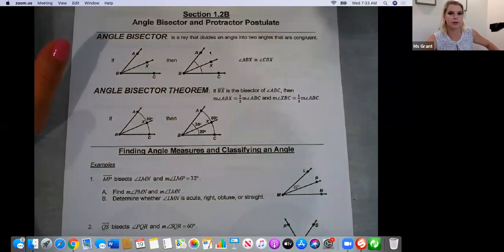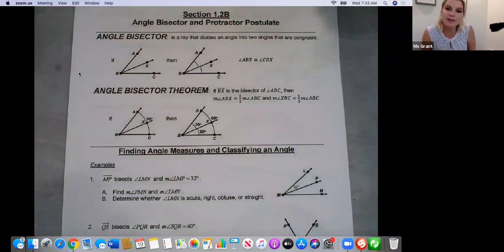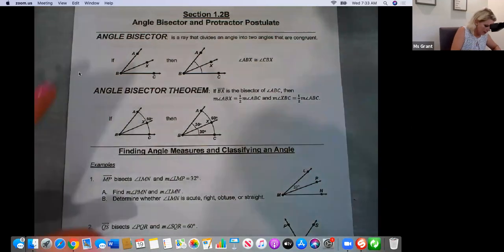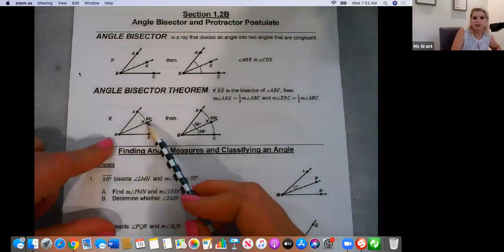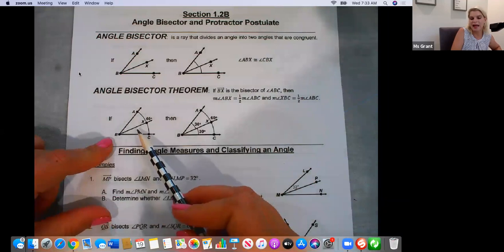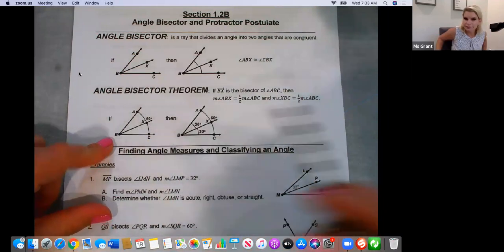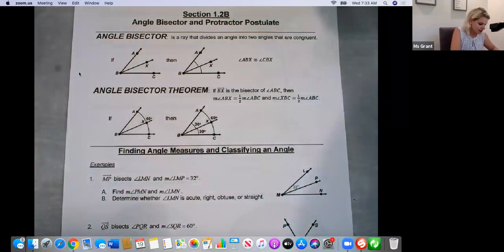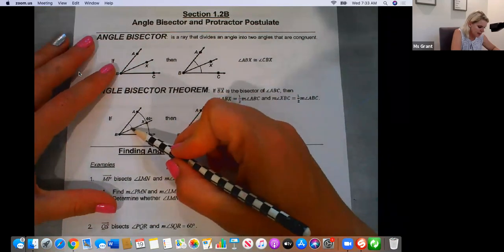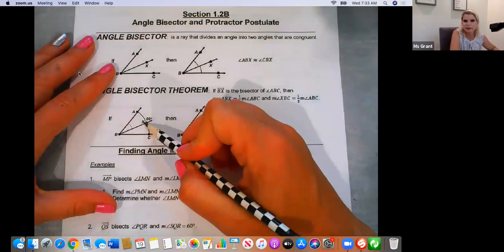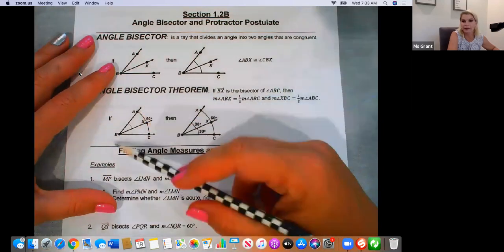Yep. Okay. Sorry. So the angle bisector theorem says that if BX is the bisector, if BX cuts it in half, then ABX, the top angle, here's ABX. ABX is half of the whole thing, right?